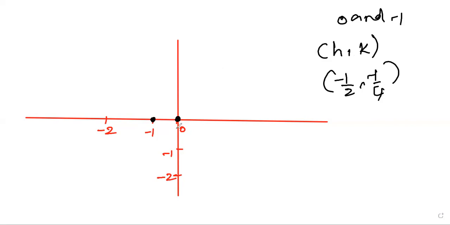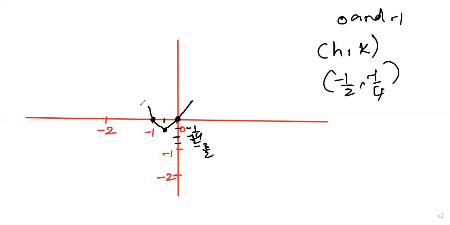Maybe -1/4 and here -1/2, which is -0.5, maybe over here. So that's going to be our extremum, right? Your parabola will pass through this, and this is the extremum point.